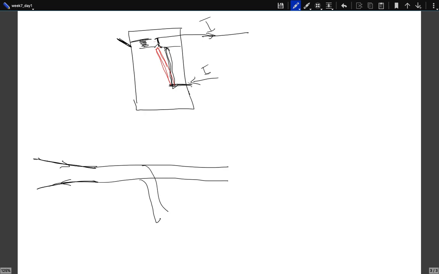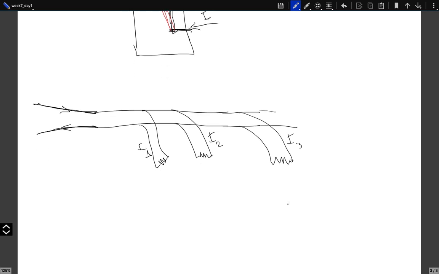So here we have one circuit. Here we have another plug, which we can attach another circuit, and another plug, etc. Each one of these circuits will draw its own current. Let's say this will draw a current I1, this will draw a current I2, this will draw a current I3.